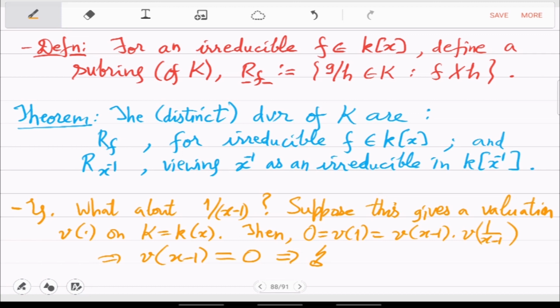No, the big field is the function field. So clearly x minus 1 is there and reciprocal is also there. So what's the DVR here? The DVR is this of 1 by x minus 1. Yes, that you can reduce. x minus 1 just becomes a symbol, and x inverse here becomes a symbol.